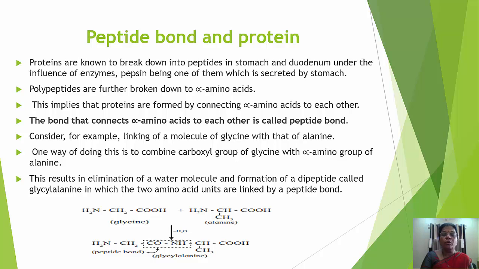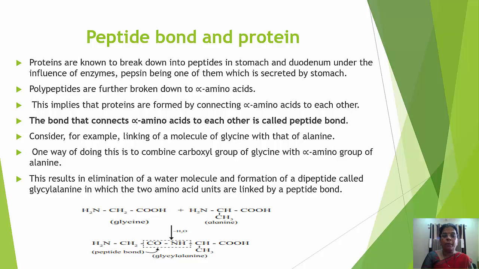Polypeptides are further broken down to alpha amino acids. This implies that proteins are formed by connecting a number of alpha amino acids to each other. The bond that connects alpha amino acids to each other is called peptide bond.